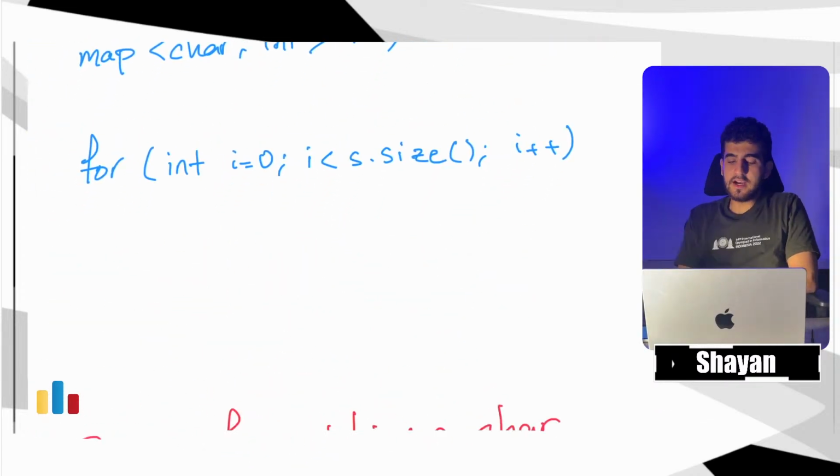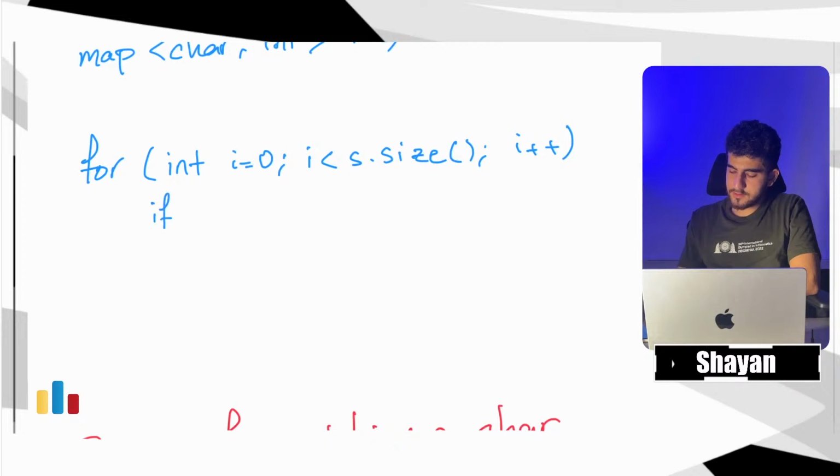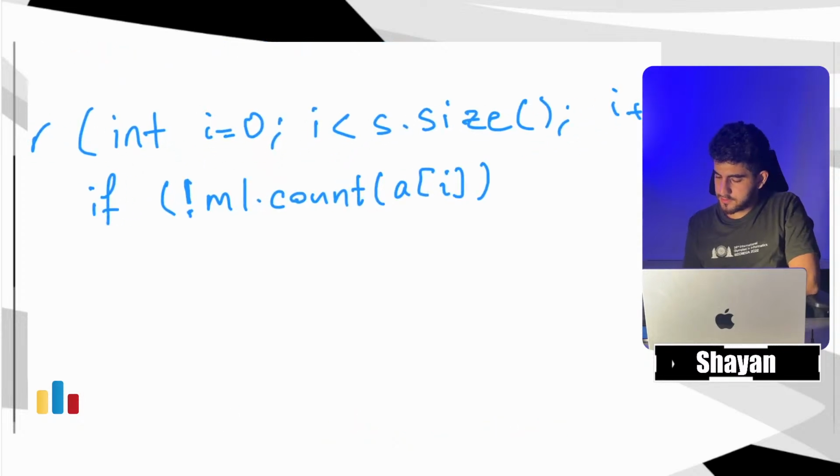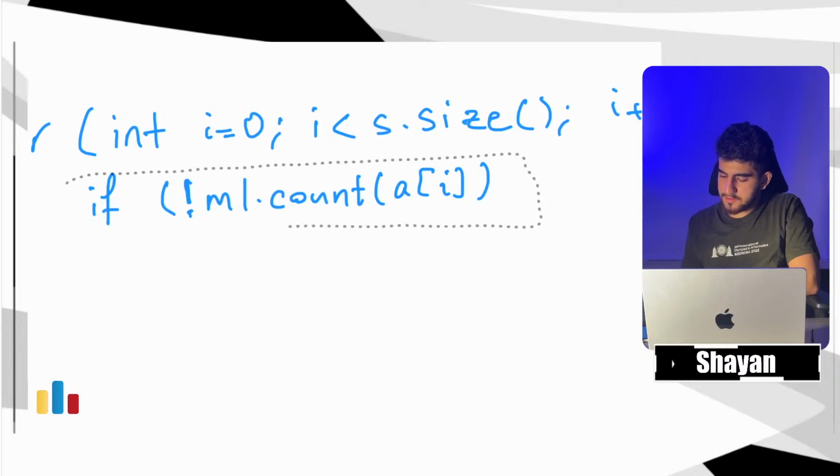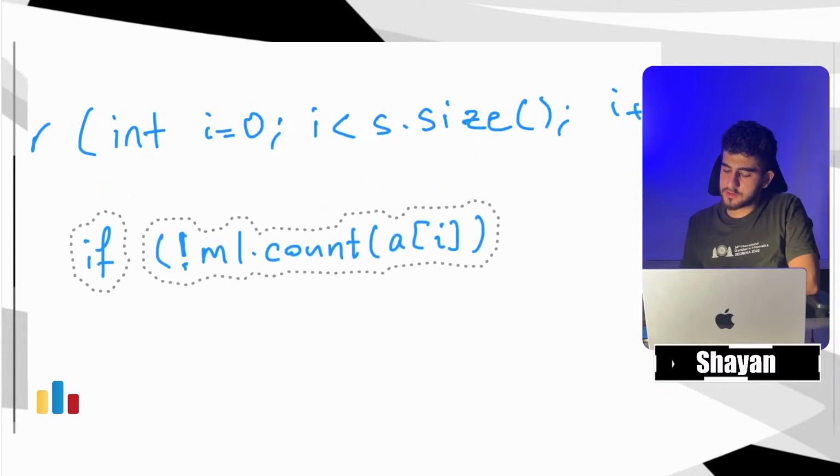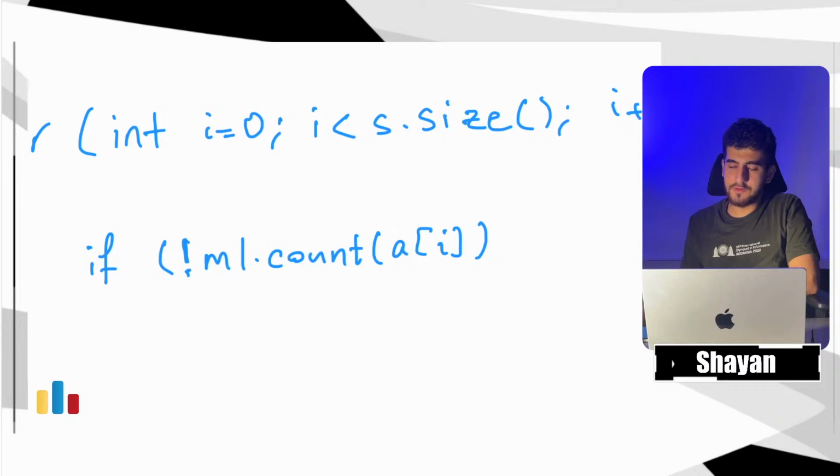In here, first of all, I can say if not M1 dot count of A1. This is just saying whether M of A1 is defined or not, whether it is something or not.